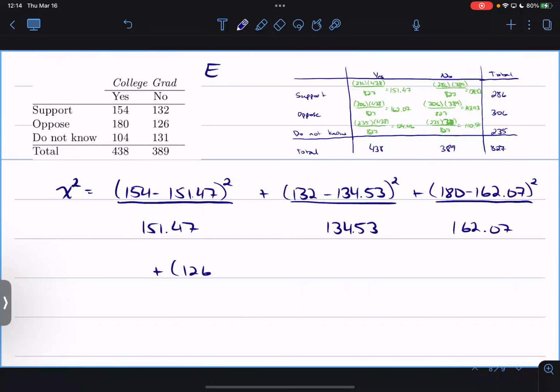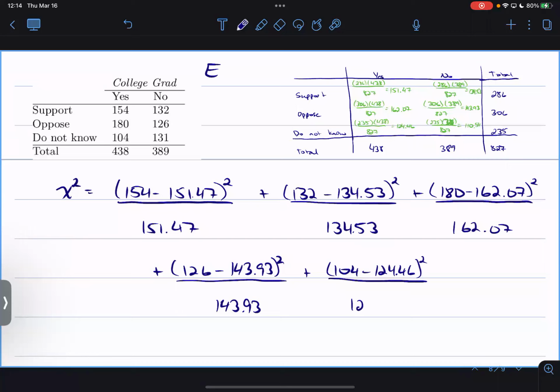Plus 126 minus 143.93, square it, divided by 143.93, plus 104 minus 124.46, square it, divided by 124.46, plus finally 131 minus 110.54 squared, divided by 110.54.